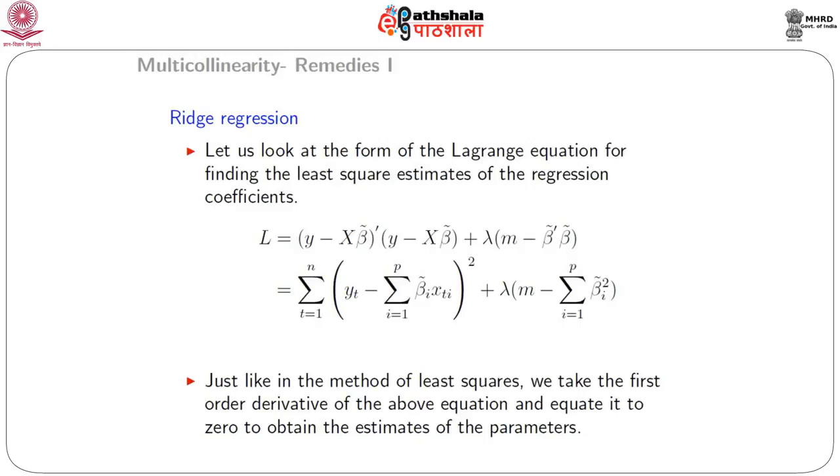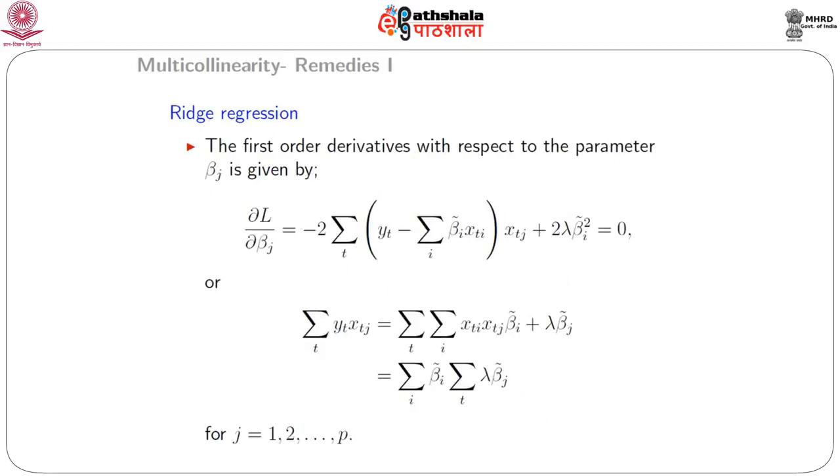So just like in the method of least squares, we take the first order derivative of the above equation and equate it to 0, and we obtain the estimates of the parameters. The first order derivative with respect to the parameter beta j is given by delta L divided by delta beta j equals minus 2 times the sum of y t minus summation i beta i tilde times x t i, times x t j, plus 2 times lambda beta j tilde, and we equate it to 0.